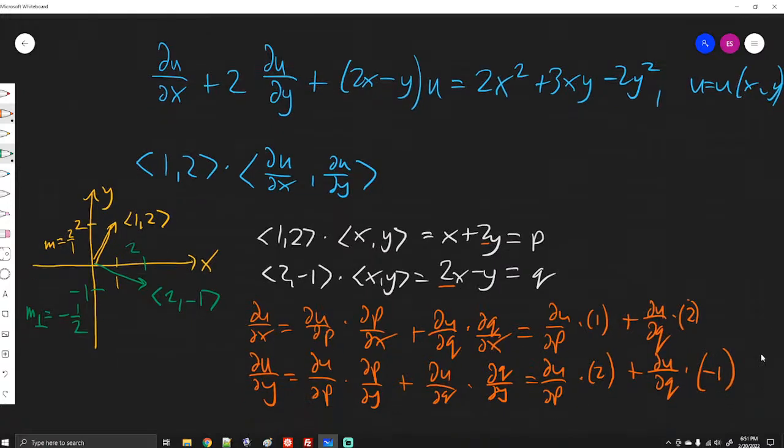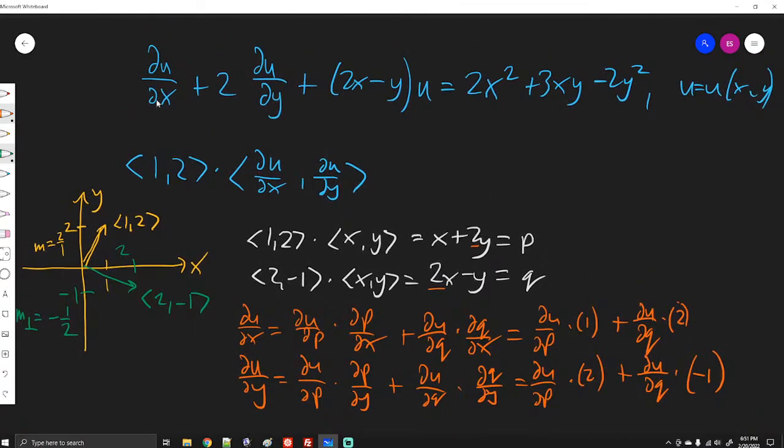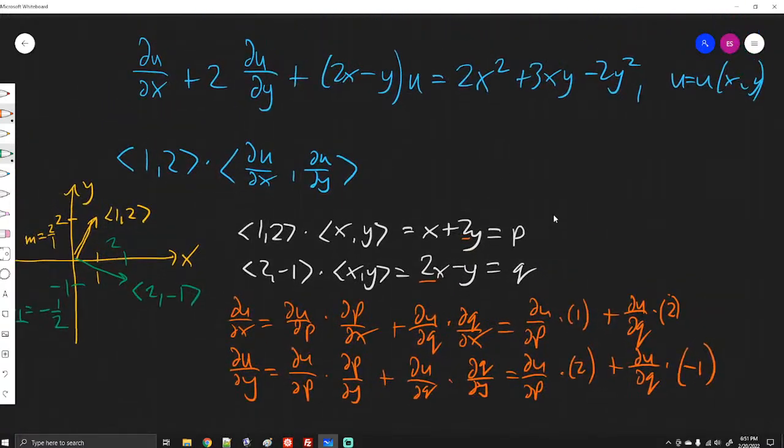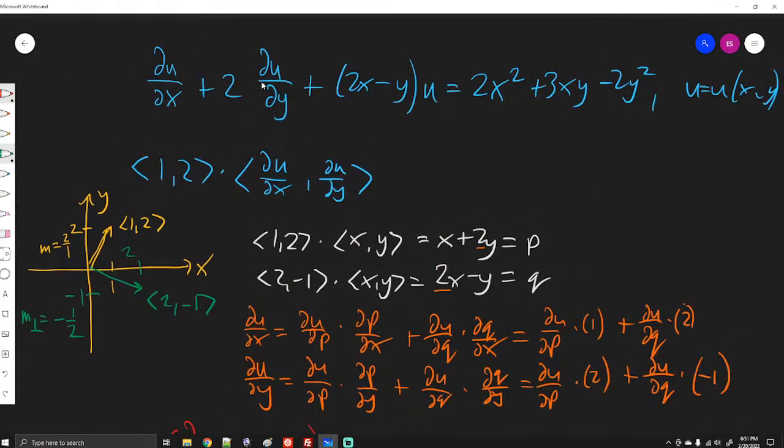Now that we know our formulas for the first derivatives of u with respect to x and y, I'm going to plug them into the PDE up here. So, if I do that, the transformed PDE is going to be this. Plus 2 and then plus 2 du dy.